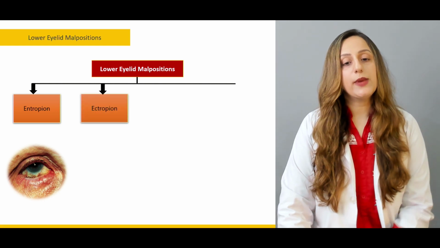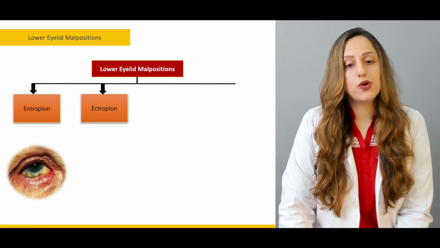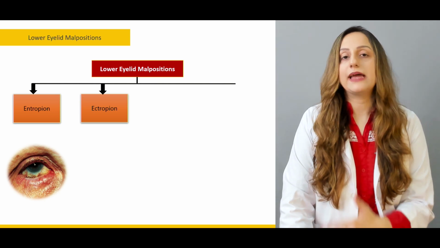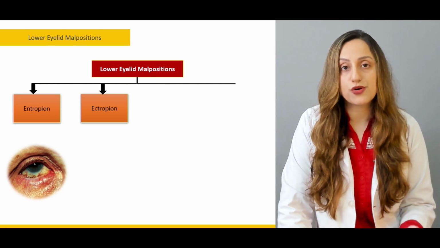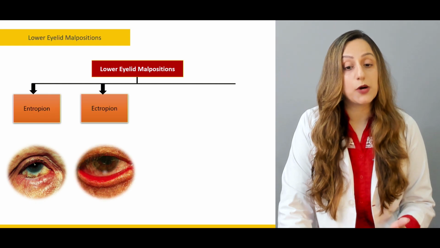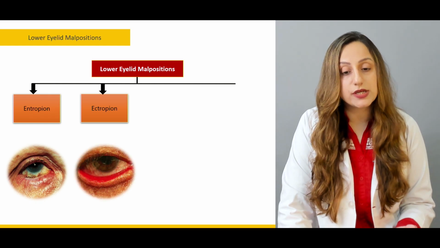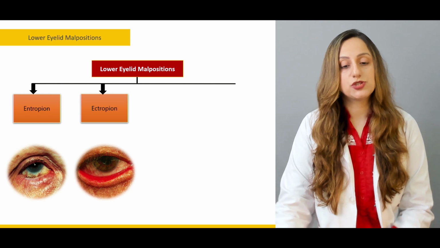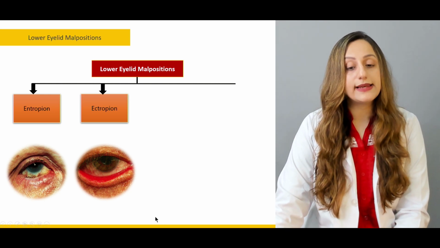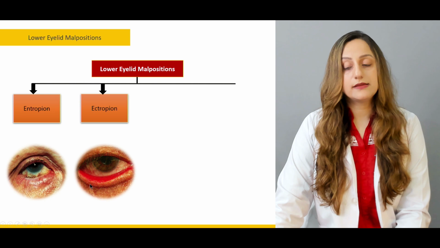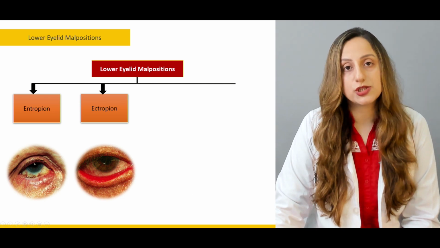Then we have the ectropion. Ectropion can be defined as the eversion of the eyelid. Again, we're talking about the lower lid. As you can see over here, we have patients with lower eyelid eversion. This again has its own complications.